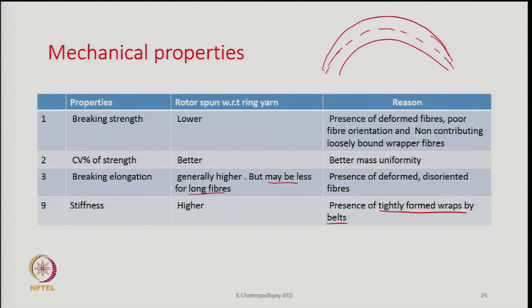Let us say these are the fibers, and this is the cross section of the yarn. The fibers on the surface will try to stretch, whereas the fibers below this neutral axis are going to get compressed.